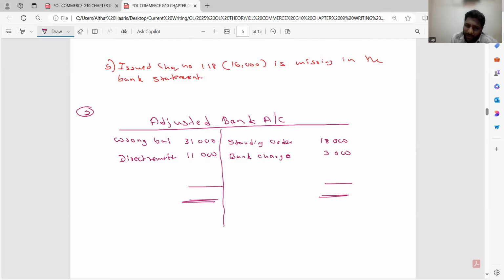Any name you can use, corrected balance, adjusted balance. 42,000. 21,000 means 21,000. Corrected balance CD. Corrected balance BF.